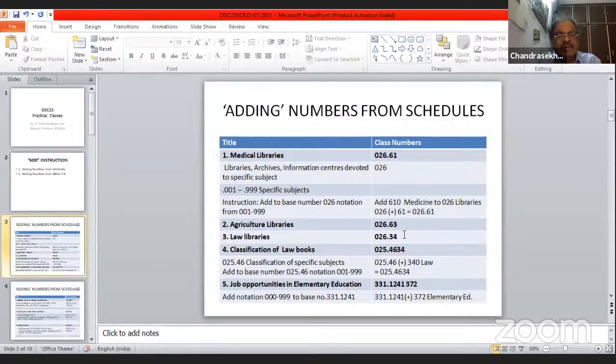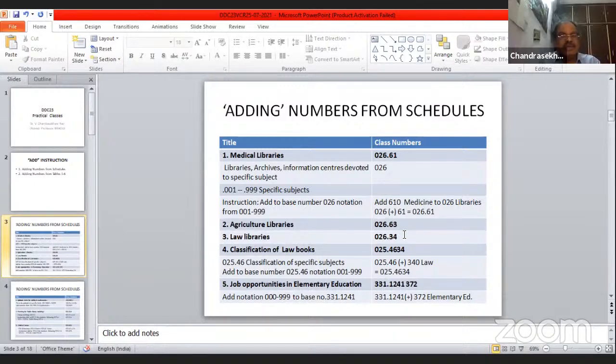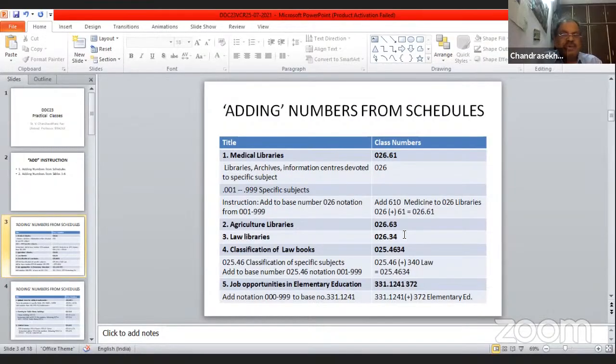What is the number for agriculture? 025.4663, so 63. Then music books: 025.46, 78. 780 is music.